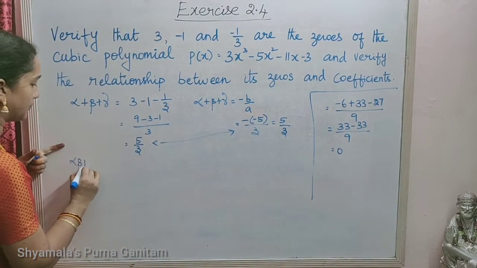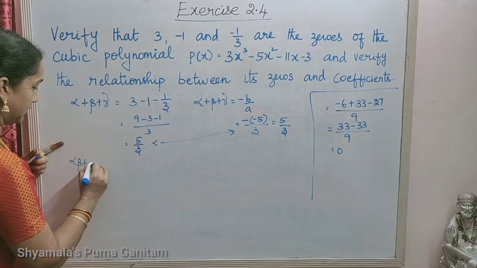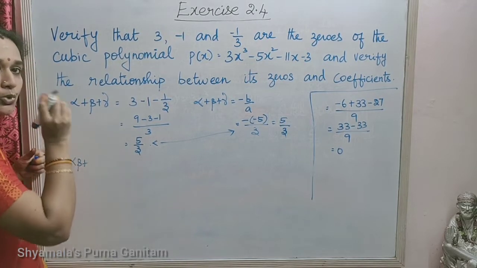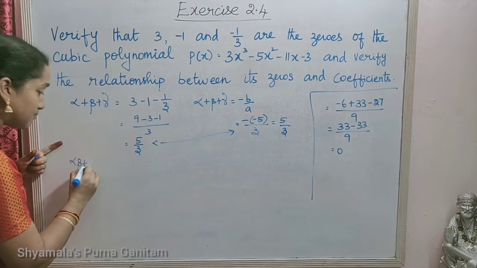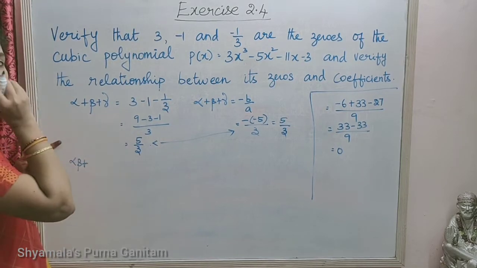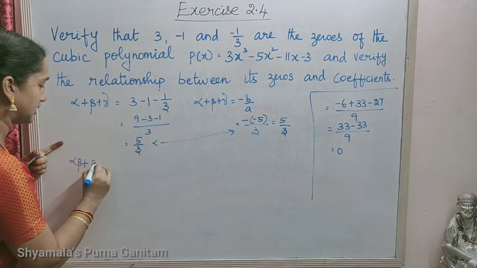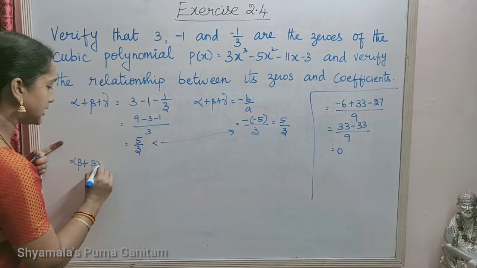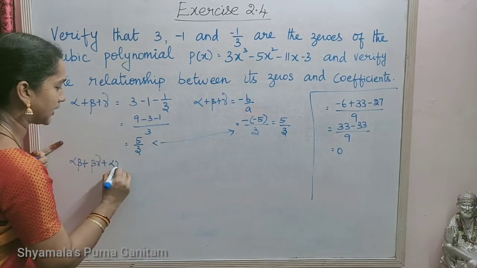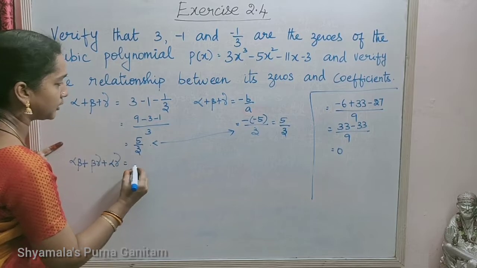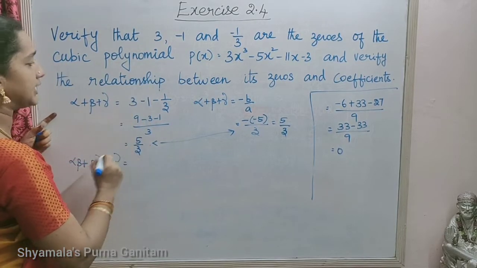Then the sum of the product of any two zeros taken in order: alpha into beta, beta into gamma plus alpha into gamma. The same way it has to be done.